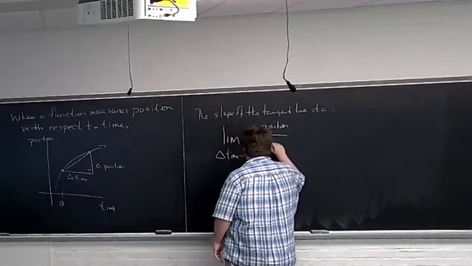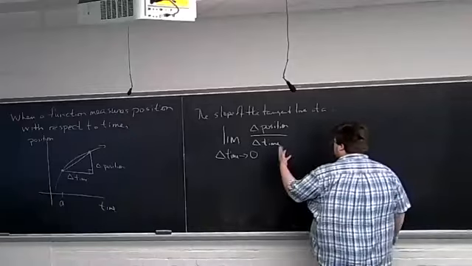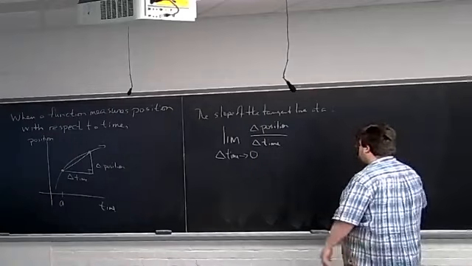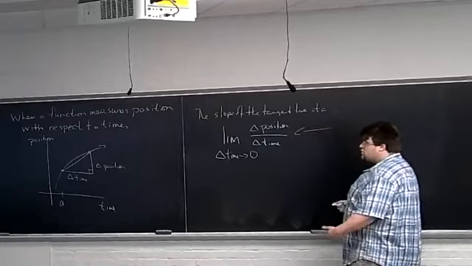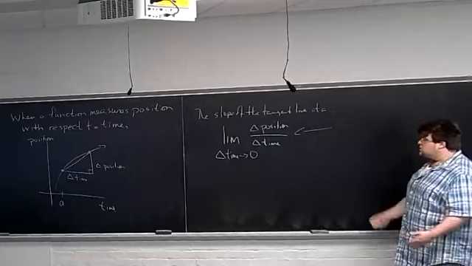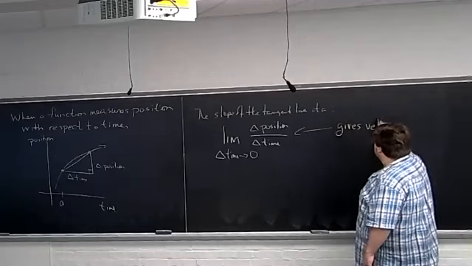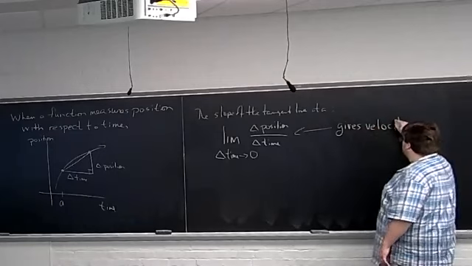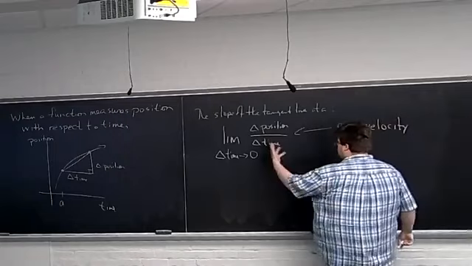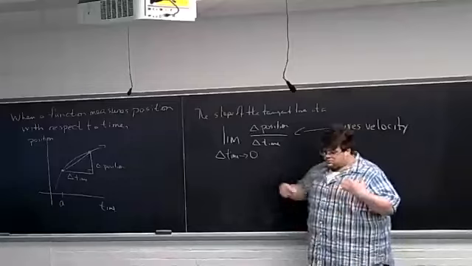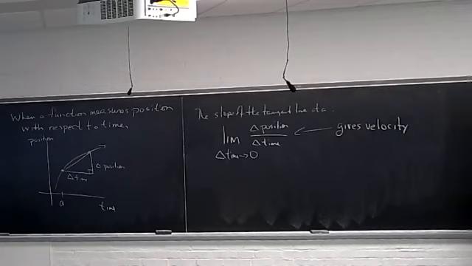But in particular, what we are taking the limit of is a change in position divided by a change in time. A change in position divided by a change in time measures the velocity. By the definition we're about to do, but in general, in physics, how an object's position changes as time changes measures the velocity.